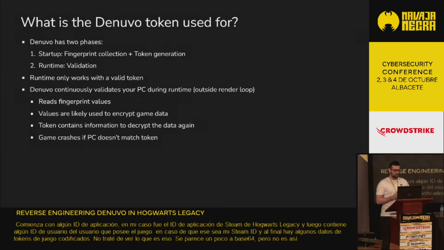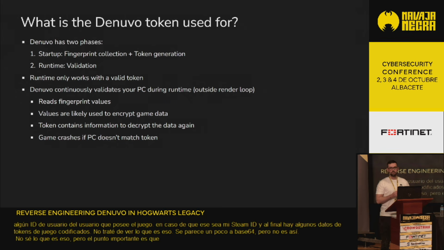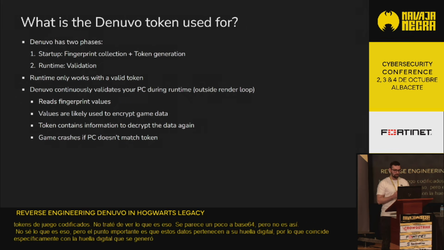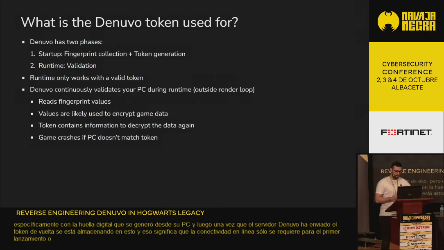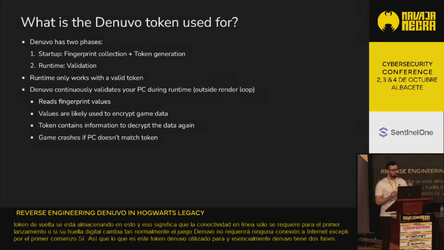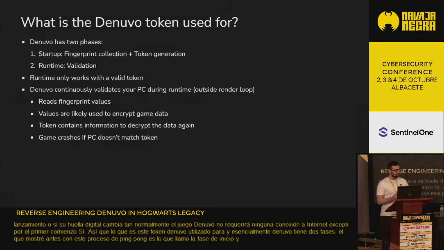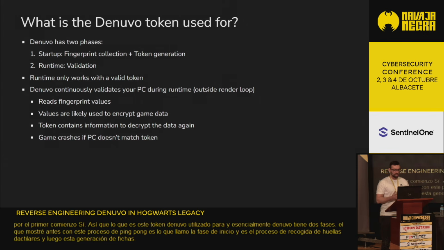And the reason is that Denuvo continuously validates your PC during runtime. Don't worry, it happens outside the render loop. But the essence is that your PC is being validated. And I don't know exactly how it works because I didn't reverse engineer that in detail. But I assume that the game reads some of those fingerprint features, for example, your computer name, and then it uses that to encrypt data of the game.